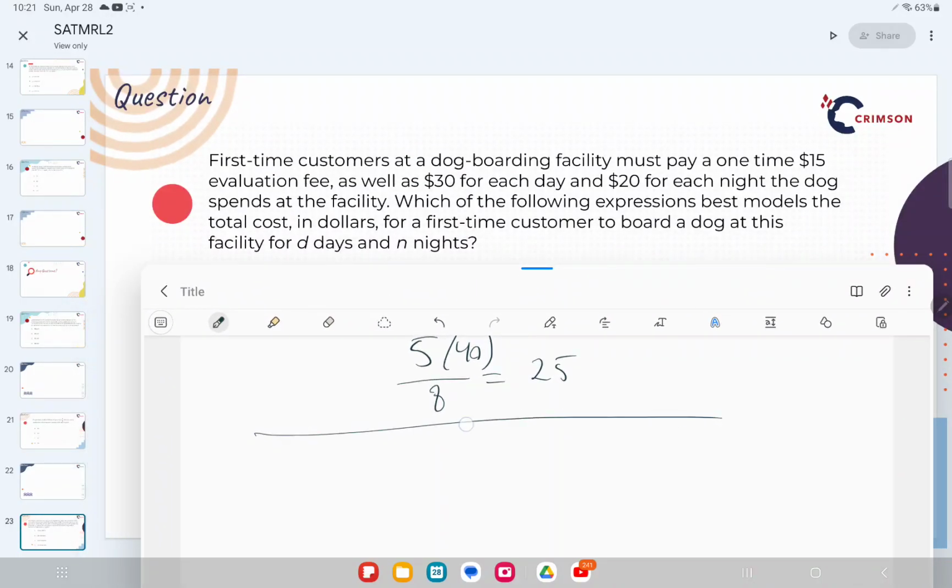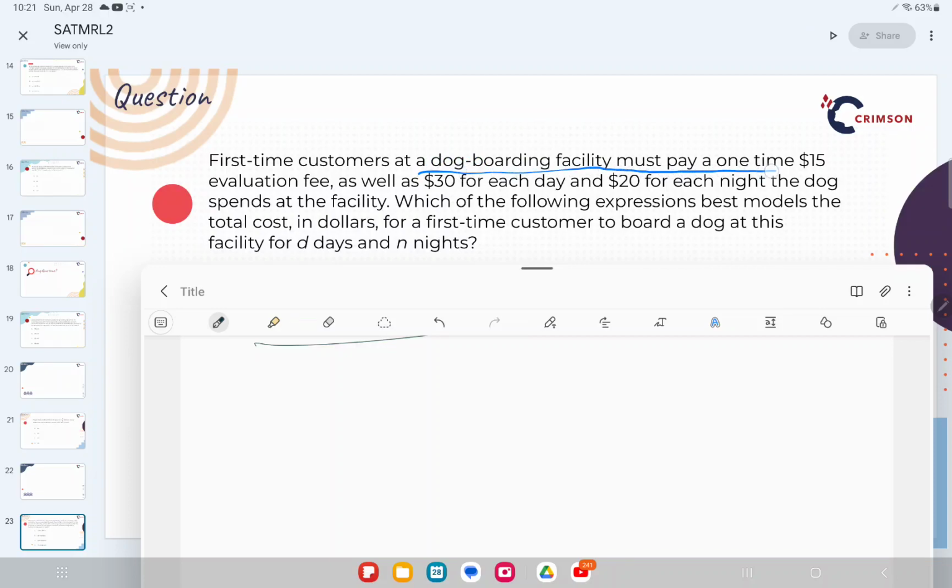Now, this is fun. First time customer, so this is like a dog hotel, must pay a boarding fee, a one-time fee, $15 evaluation fee.